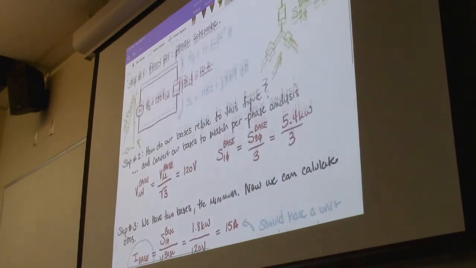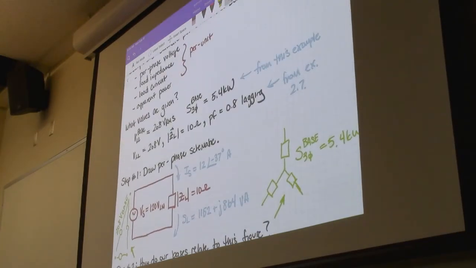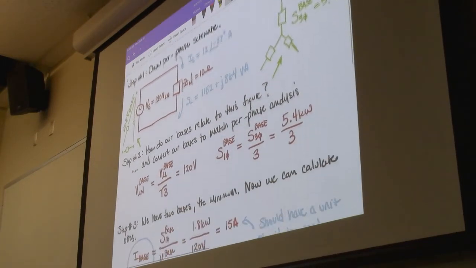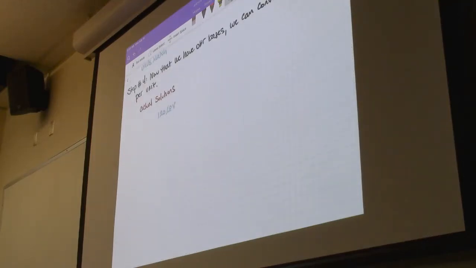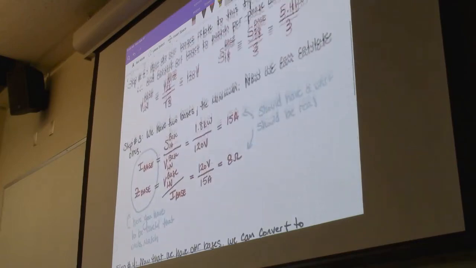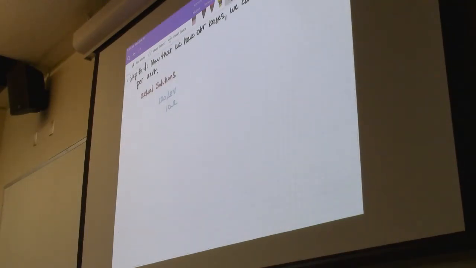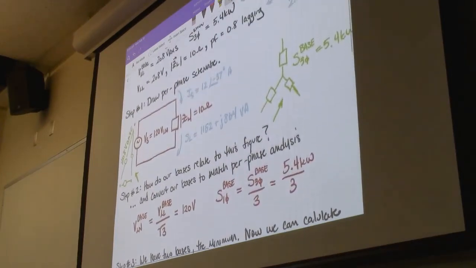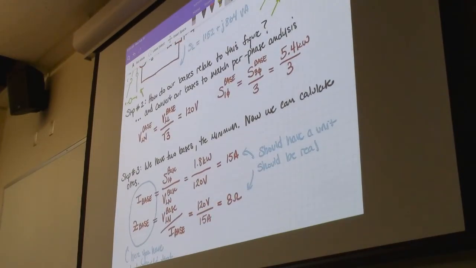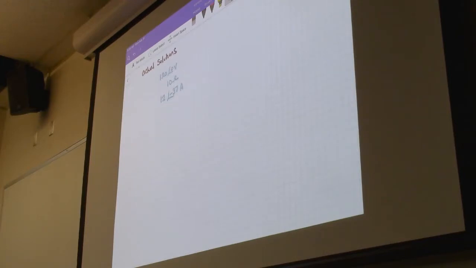The current, or I'll do impedance next. The impedance is 10 ohms. The current is 12 with an angle of negative 37. And the power is 1152 plus j864.